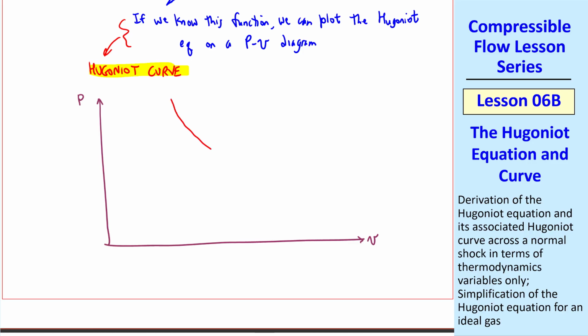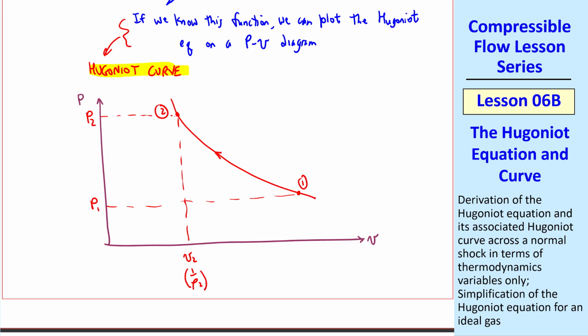And we don't know the exact shape here, but we know that it must go from 1 to 2 across the shock, from left to right, since P2 is bigger than P1 across the shock, and V2, which is 1 over ρ2, has to be smaller than V1, which is 1 over ρ1, since we also know that density increases across the shock.